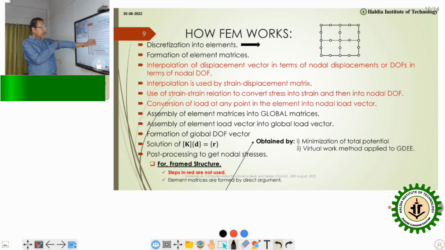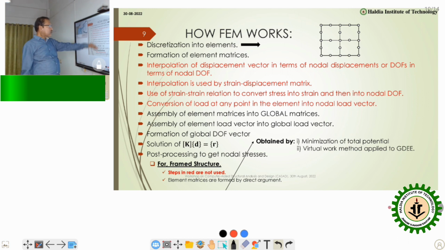In this figure, these circles represent nodes, and in this plate structure the discretization is 2 by 2, 2 in the x direction and 2 in the y direction, and each element consists of 8 nodes, as one can count. That way the discretization occurs here.